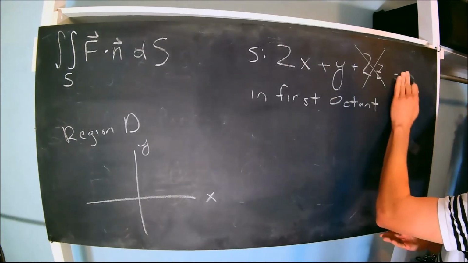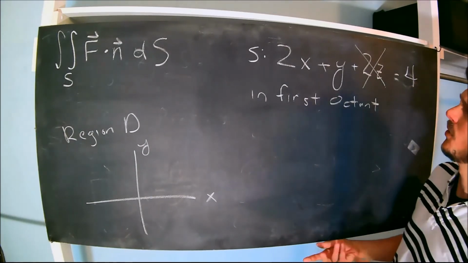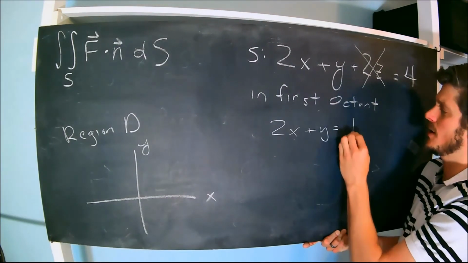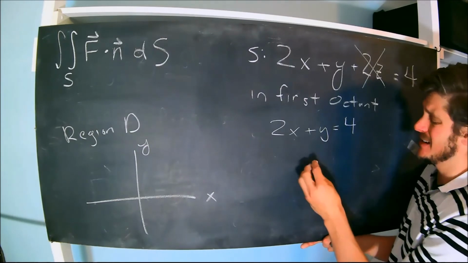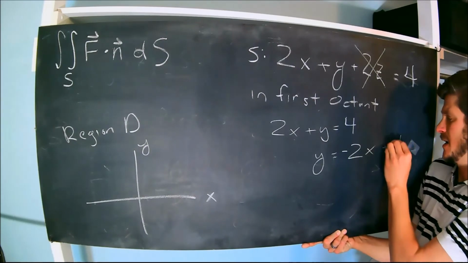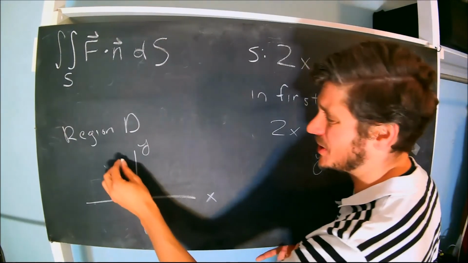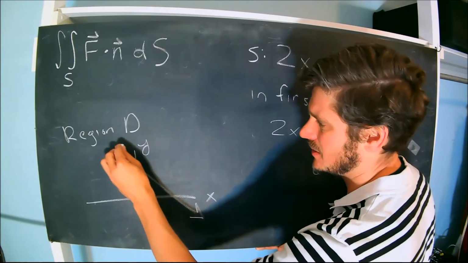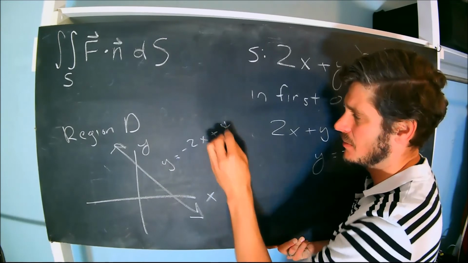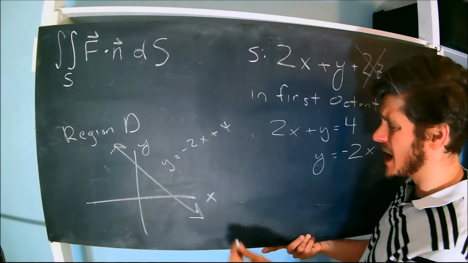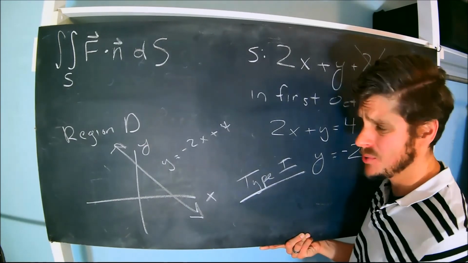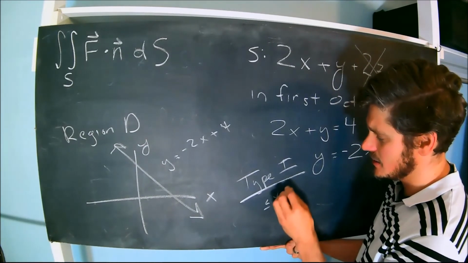But this is what I end up with, which equals 4. So I have 2x plus y equals 4. And although you could do this a bunch of different ways, I think the easiest way is to just rewrite this as y equals minus 2x plus 4, and we know what that line's going to look like. Here's my line, y equals minus 2x plus 4. We might as well set this up as a type 1 double integral, which means we bound x with our constants.